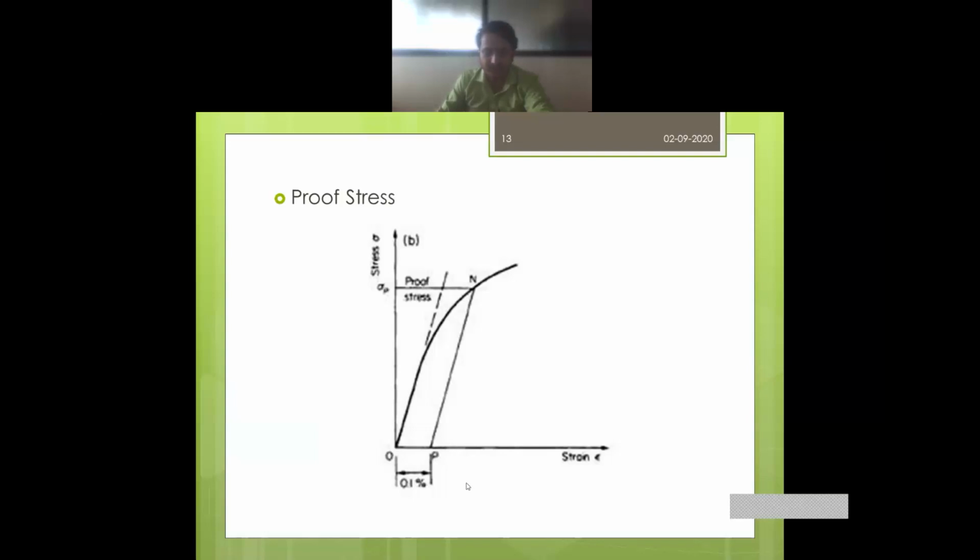When the strain under deformation of the member is 0.1%, then the stress at that point, the force at which the material goes for 0.1% strain, 0.1% deformation, that stress is called as proof stress.